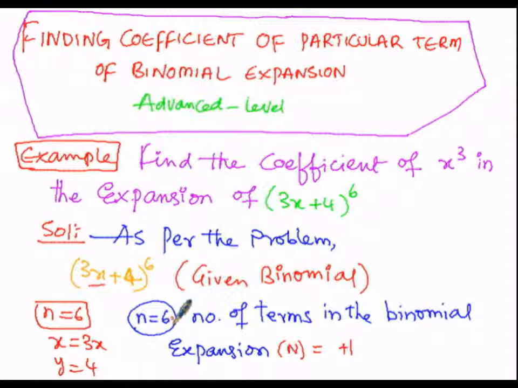The exponent of the binomial is denoted by the letter small n. So n plus 1 gives us the number of terms in the binomial expansion. Small n is 6, so 6 plus 1 is equal to 7.